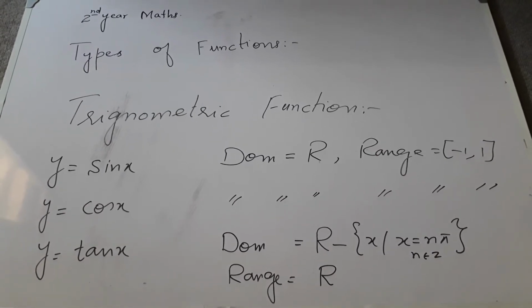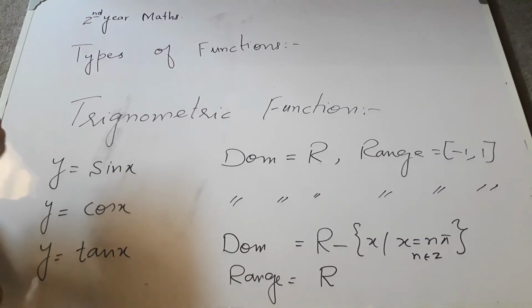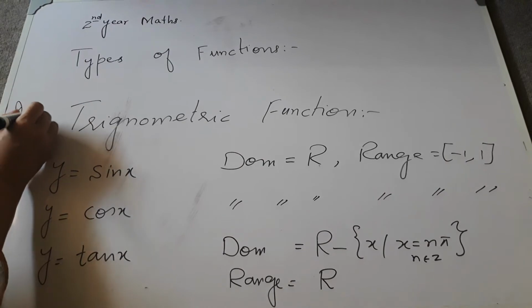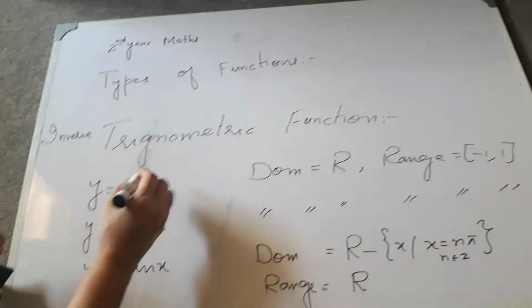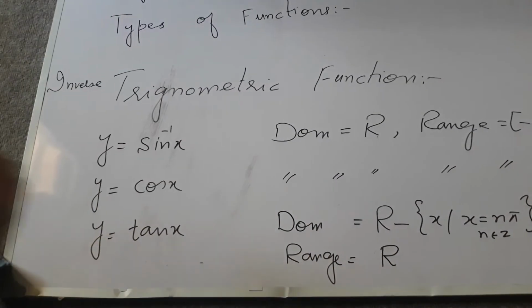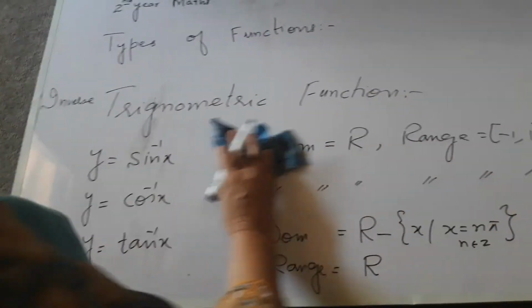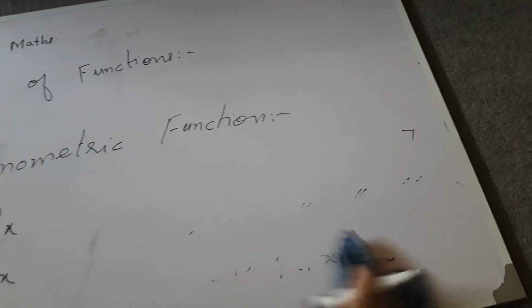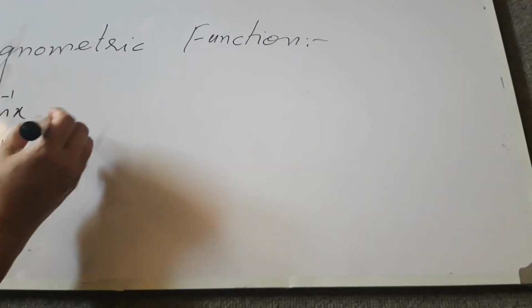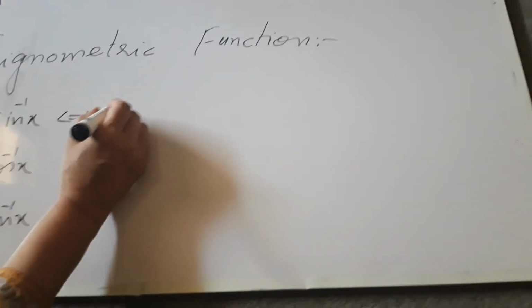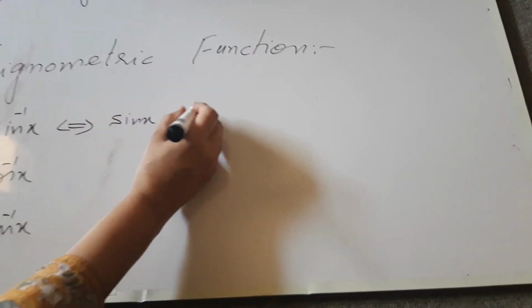Then inverse trigonometric functions. Likewise, sin inverse x, cos inverse x, tan inverse x, and as you know, girls, we have defined the principal domain and range for the sin inverse functions, and y is equal to sin inverse x if and only if sin of x is equal to y.